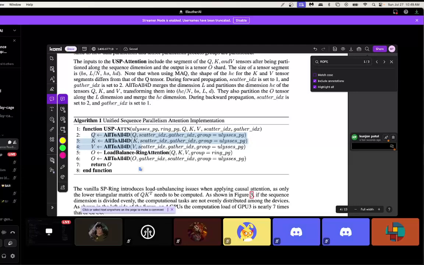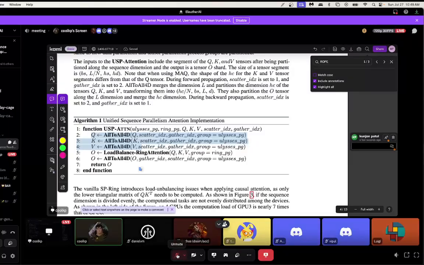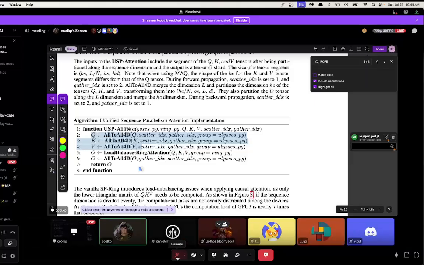So you convert your mesh from a 1D mesh of sequence to a 2D mesh of Ulysses by ring, and then you do the all-to-all within the Ulysses degree, within only the devices in the Ulysses degree.